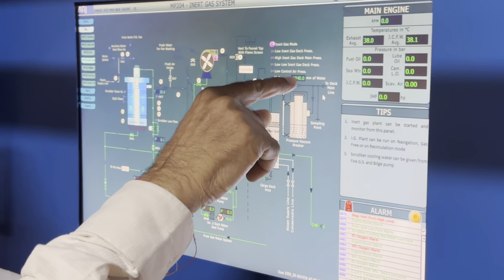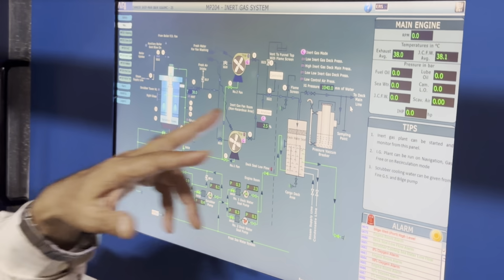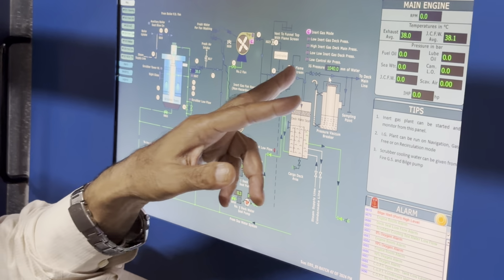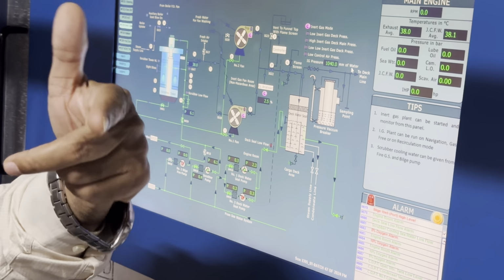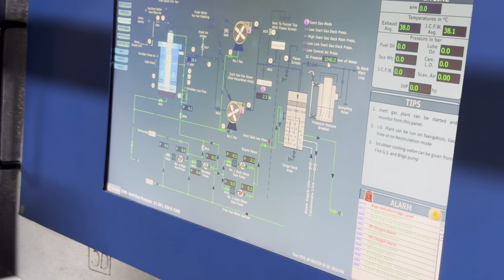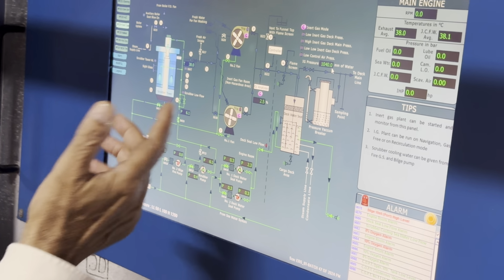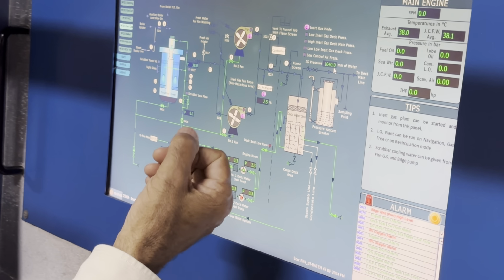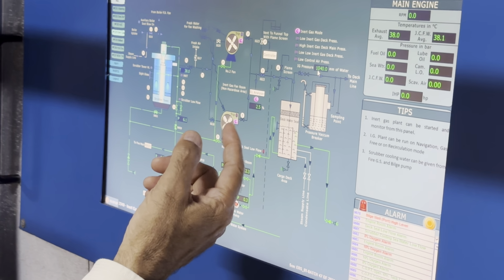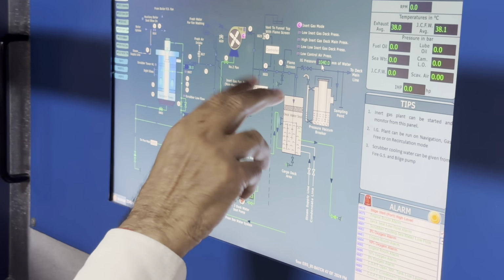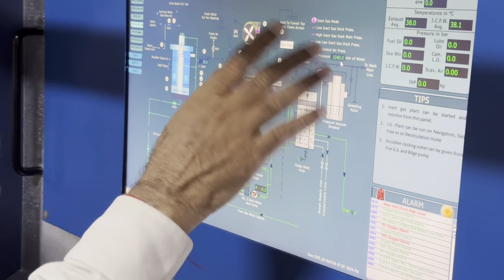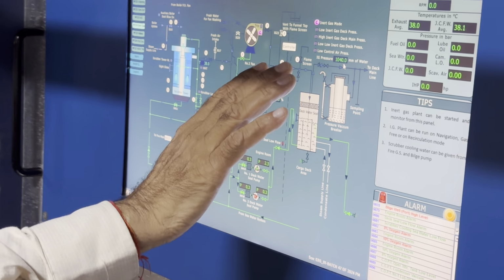That is what the pressure is here. Now 10 meters is 1 bar, so you can calculate how many mm of water is how much pressure. That calculation we can do.